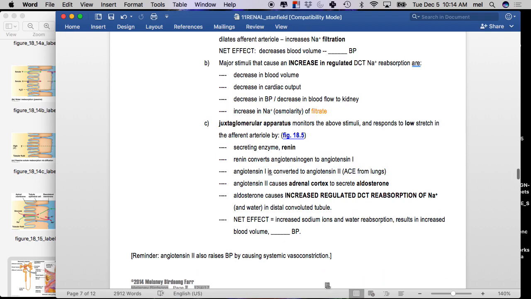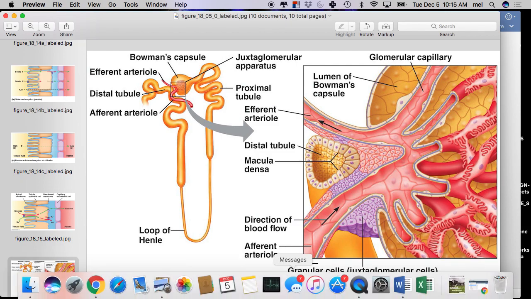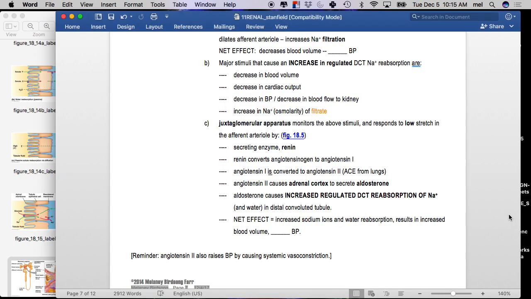Okay, so for instance, the juxtaglomerular apparatus, our friend that nobody ever wants to talk about, right? The juxtaglomerular apparatus, if for instance it detects either high filtrate concentration at the distal convoluted tubule or low pressure right here, what it will do is secrete the enzyme renin.